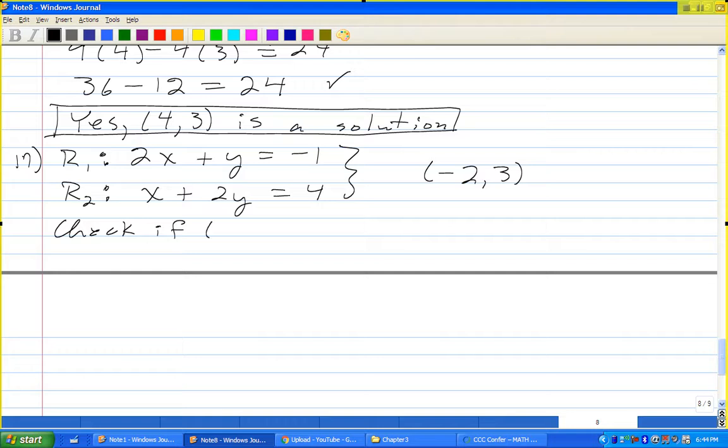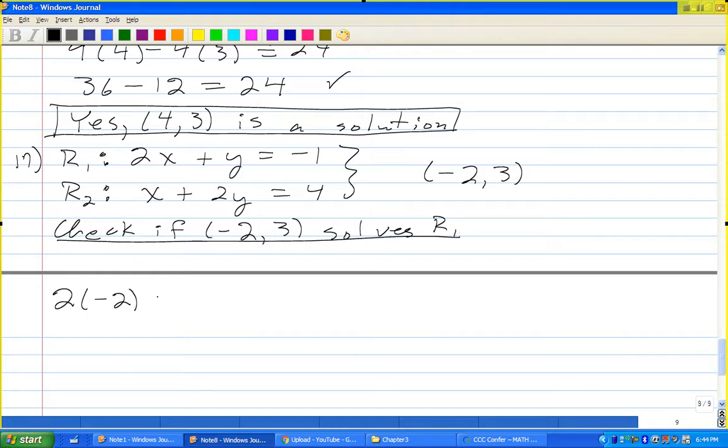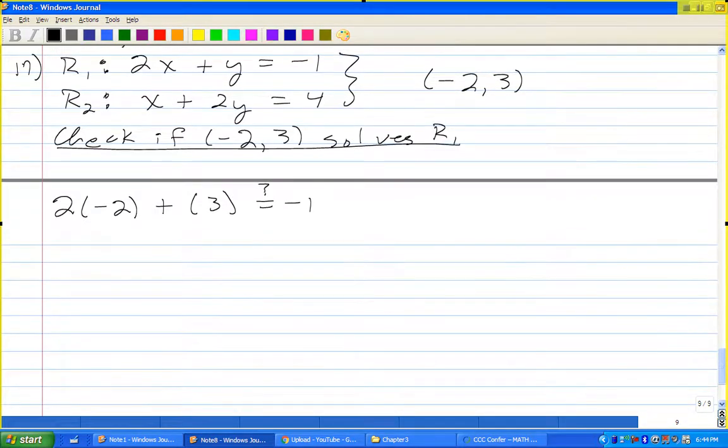So is 2x plus y equal to -1? Is -4 plus 3 equal to -1?